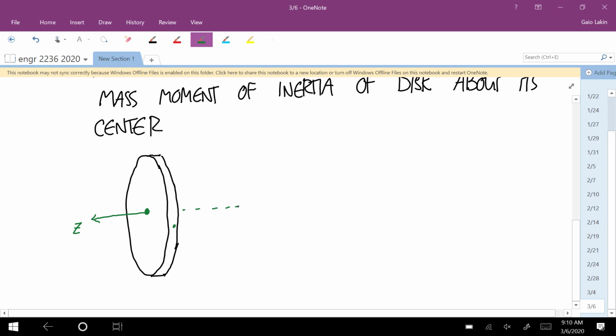But you could also do a two-dimensional problem where all your calculations are in 2D, but you need to know the moment of inertia of a disk about this axis. A rotation about the z-axis here is like a wheel or a blade, or like a throwing star.